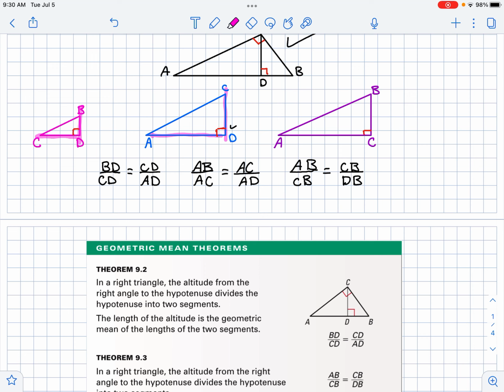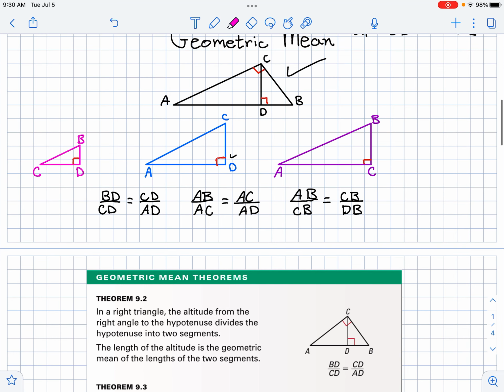See what I did there? In other words, notice I took these corresponding sides, this side over this side, and then this side over this side. So CD kind of did some double duty there.